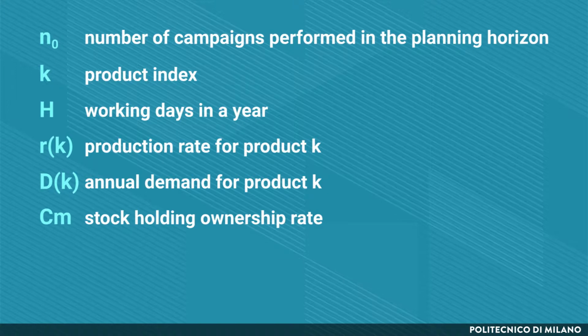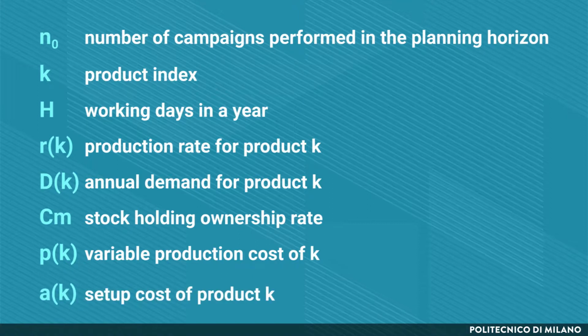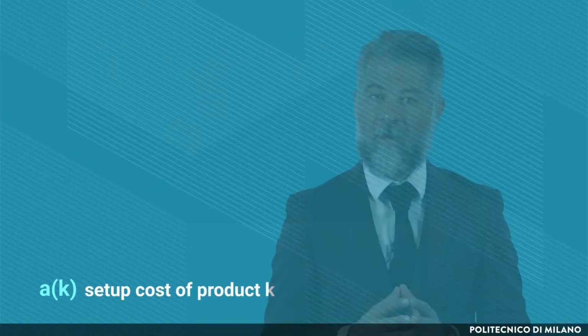CM is the stock holding ownership rate. PK is the variable production cost of product K. AK is the setup cost faced to start the production of product K.